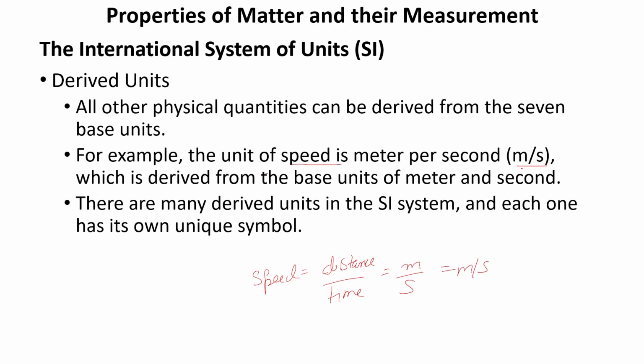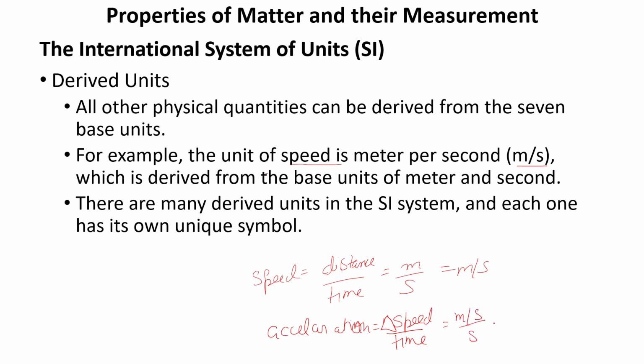Okay. Now consider another example, that is acceleration. What is the definition of acceleration? It is change in speed, I am representing change with delta, per unit time. So what is the derived unit for speed? It is meter per second.